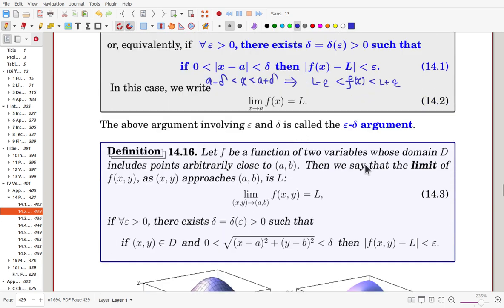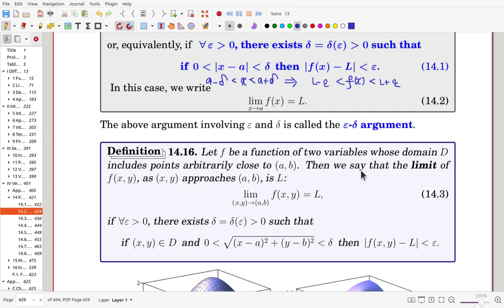We'll use the definition to define the limit for functions of two variables. F is a function of two variables, the domain is D, and now we choose a point (a, b).